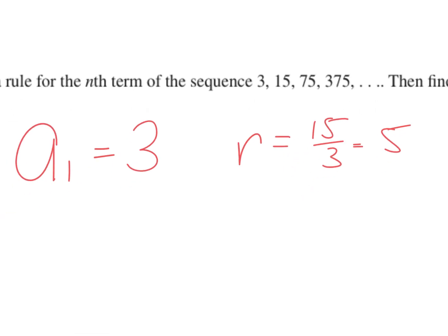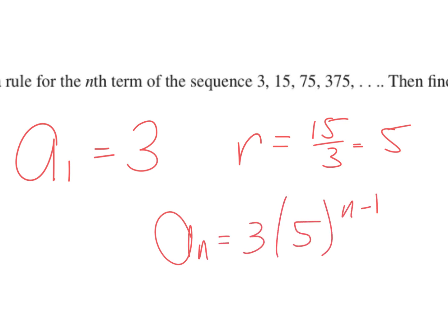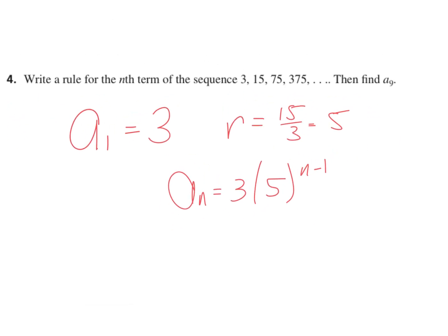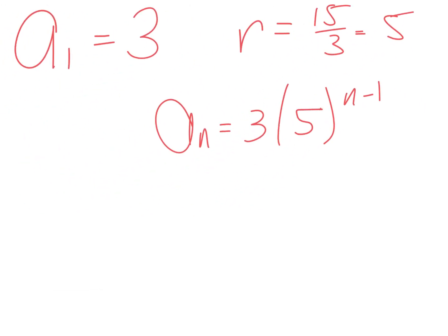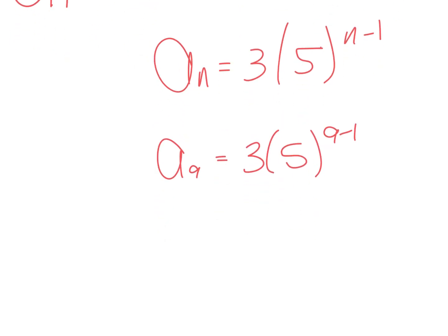So let's write our rule. A sub n equals my first term times 5 to the n minus 1. And then to find the 9th term on this one, I'm plugging in what number? So 3 times 5 to the 9 minus 1. 3 times 5 to the 8th power.